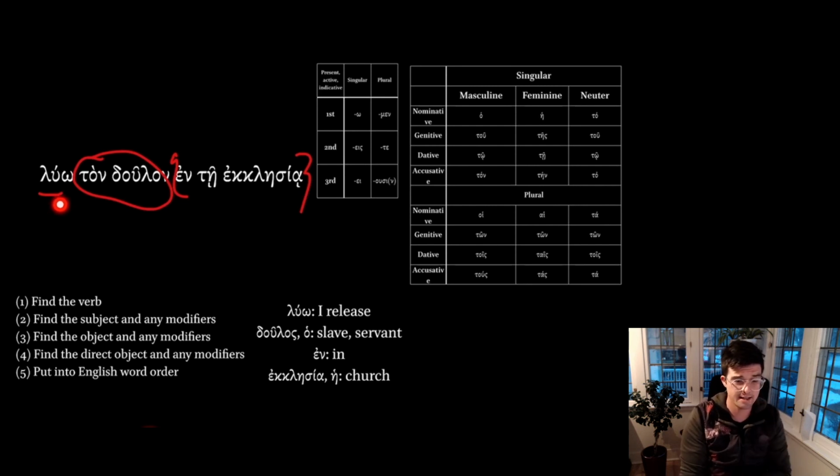The subject is I in this case. The object in the accusative is ton dulon. So our on ending here and with the definite article tells us that we have the accusative case. And then we have a prepositional phrase, in, a preposition that takes the dative case after it. So in the church. I release the slave in the church.